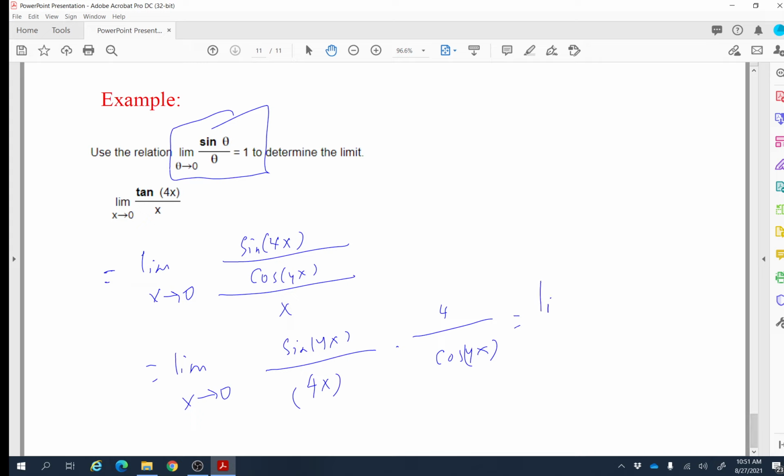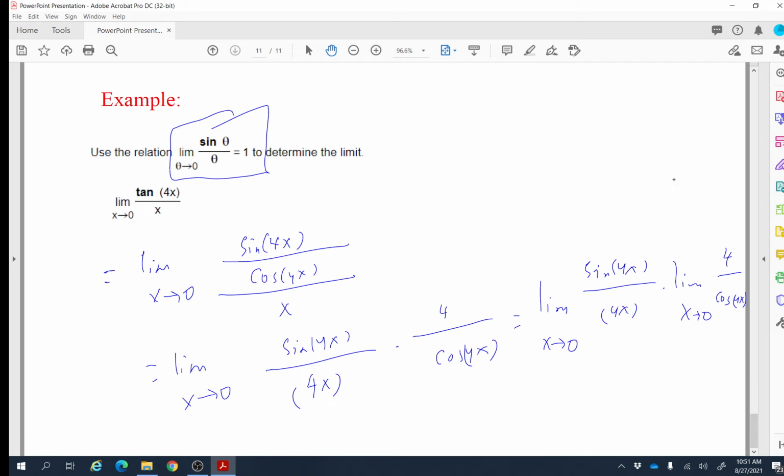So I can write it down: limit x approaches 0 of sine 4x over 4x times limit x approaches 0 of the other fraction, and that is possible because the limit of the product is equal to the product of the limits if both of the limits exist. That's the property of the limit.